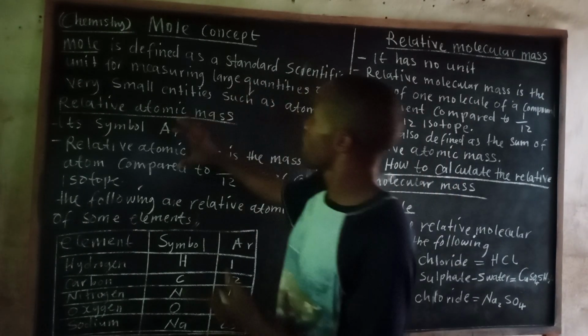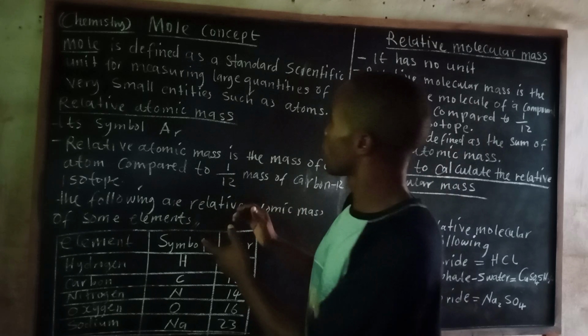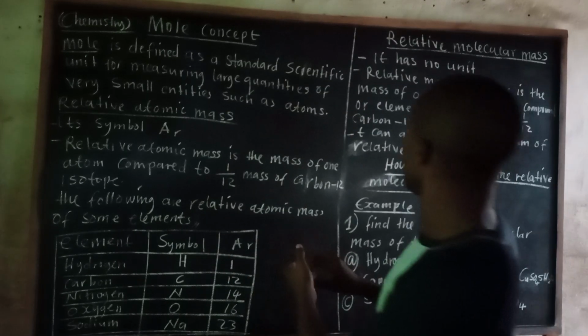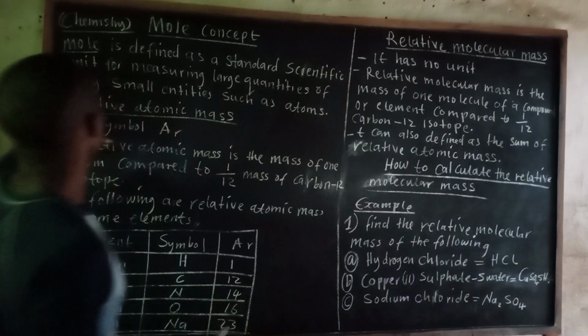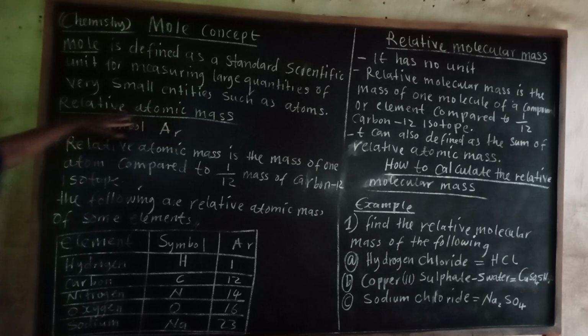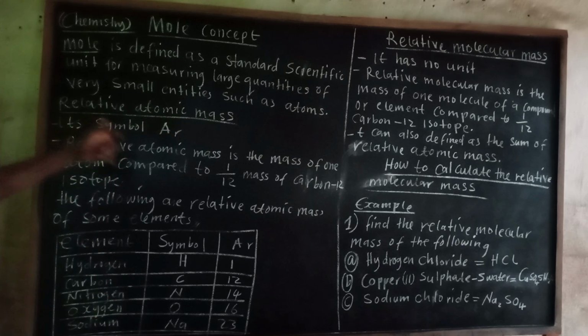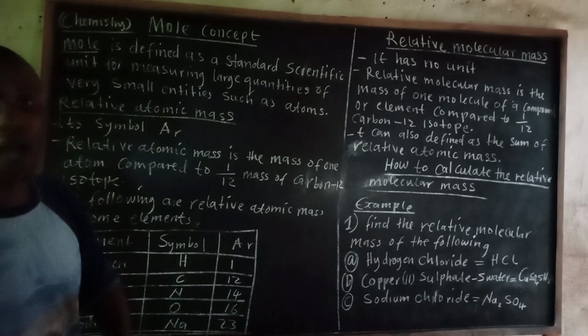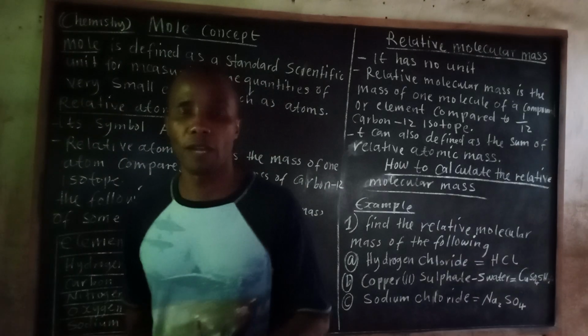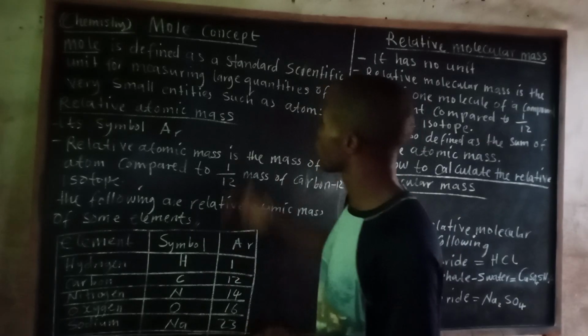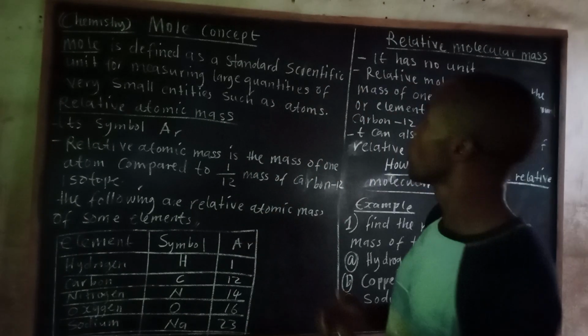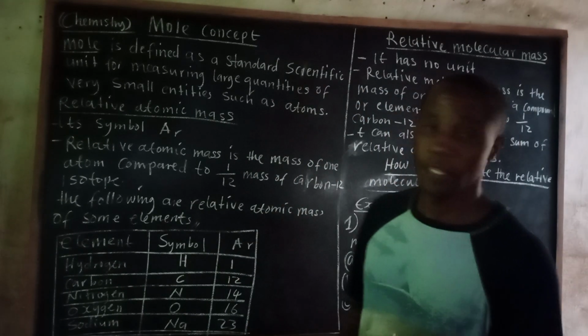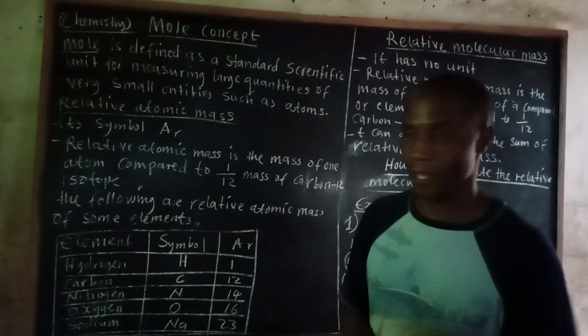Now, under this same mole concept, we have highlighted these important items that are involved. One, we have relative atomic mass. Apart from this one, we also have relative molecular mass. So we have to understand this and how to calculate them. This is what we are going to look at today.